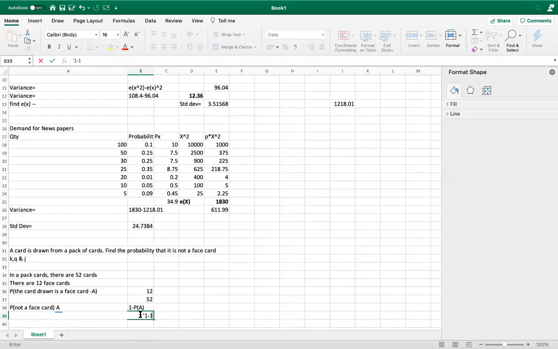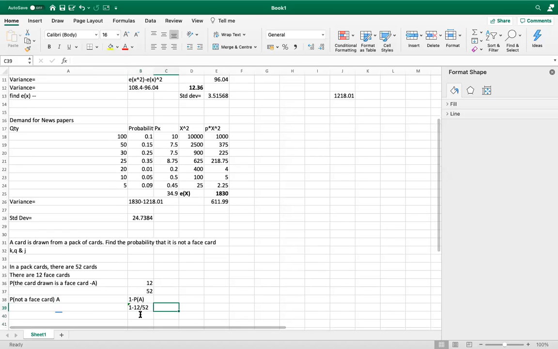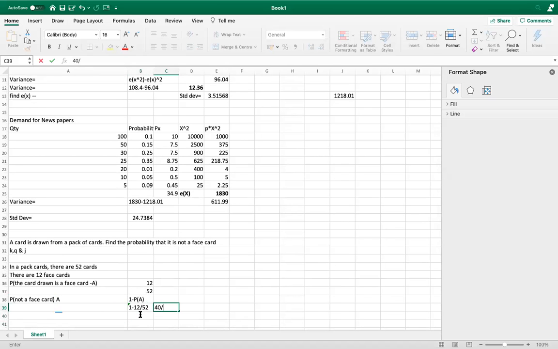Yes, ma'am. Let me calculate this, which is equal to 40 by 52, which is equal to 10 by 13. Correct? Do you understand everyone? Ma'am, how is it 40? There are 40 more cards.